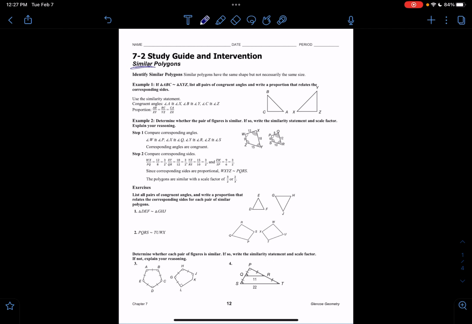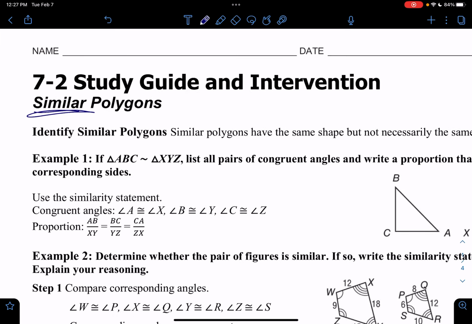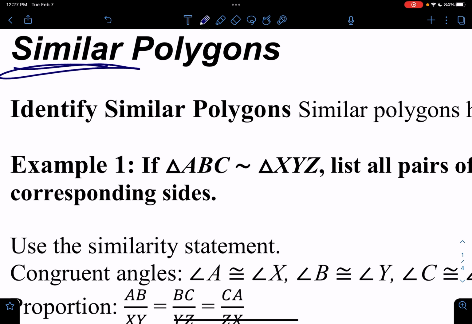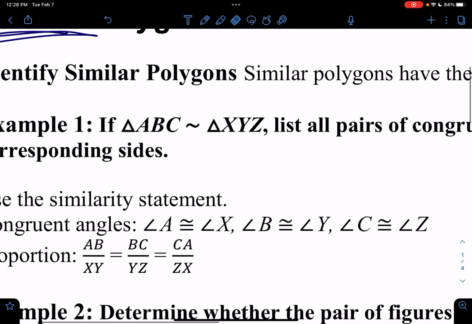That being explained, let's begin the lesson. Example number 1 is telling me these two triangles are similar, and this is the symbol telling me that they're similar. I don't need any image to show me how they're similar, because order matters. These are triangles and they have 3 angles each.